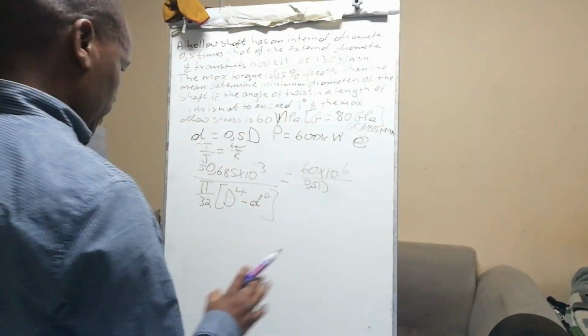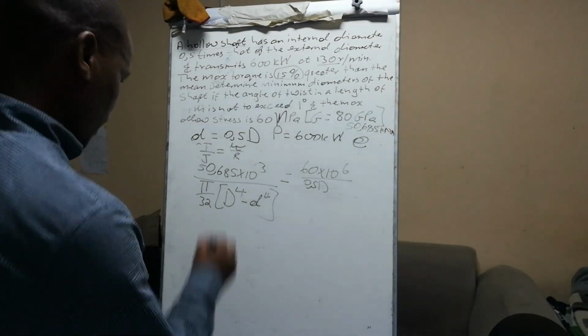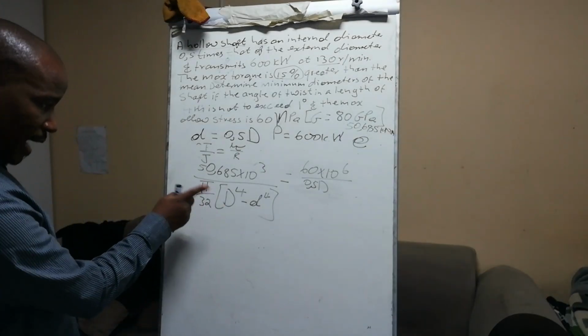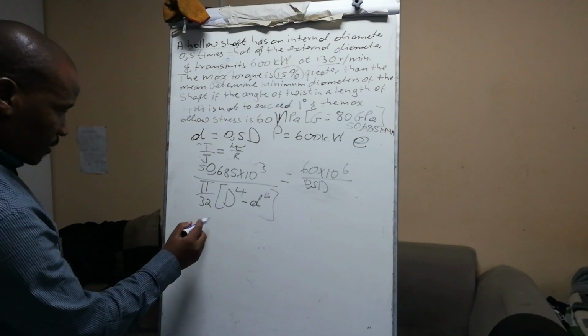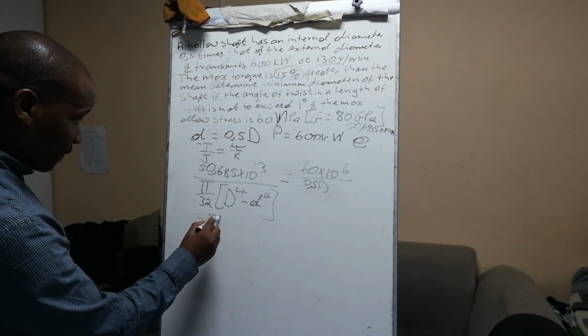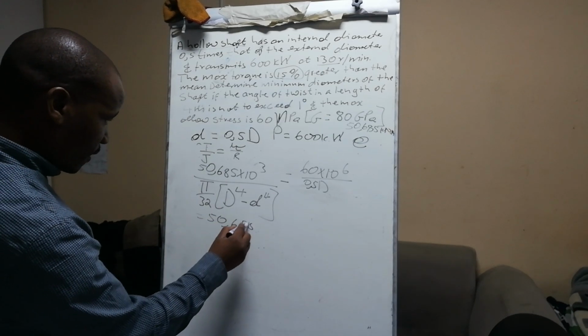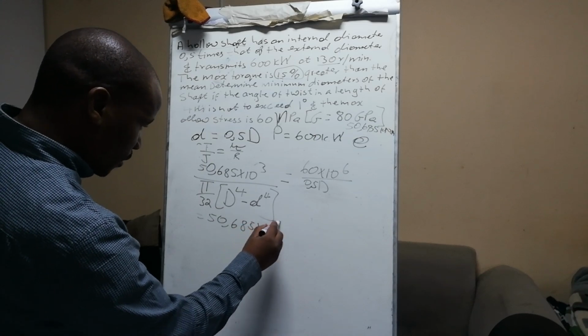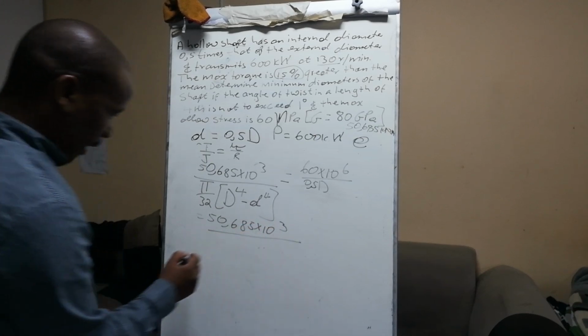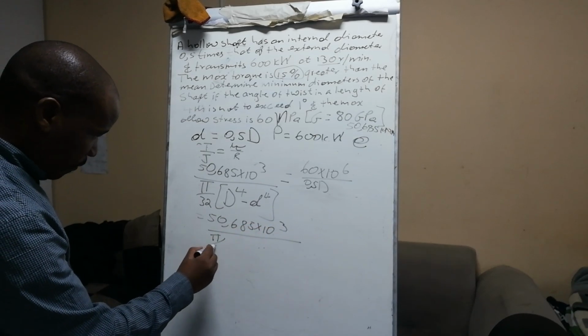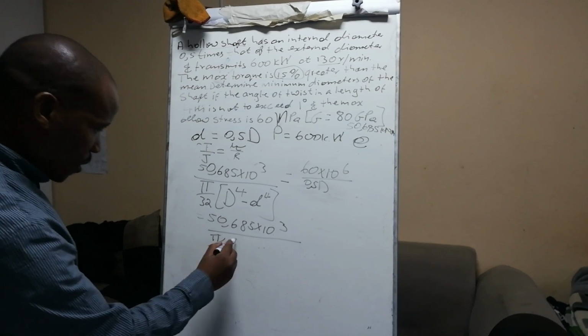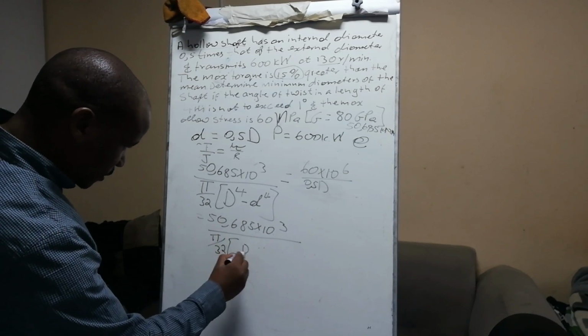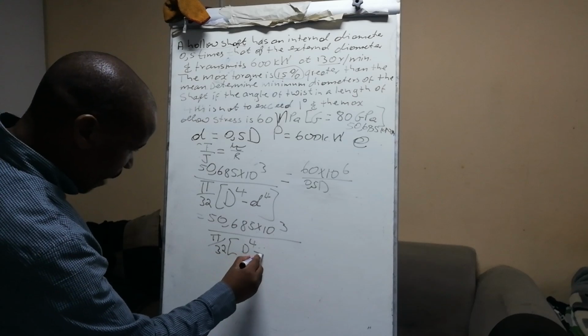Right, now let's come here. This is 50.685 multiplied by 10 to the power 3 over pi over 32, brackets D to the power 4 minus.